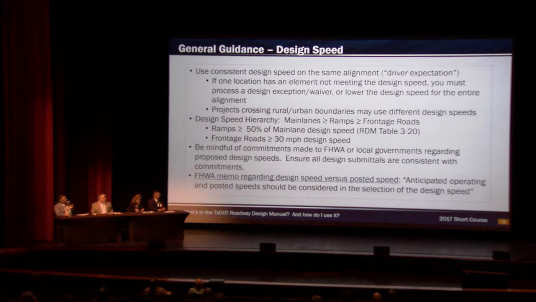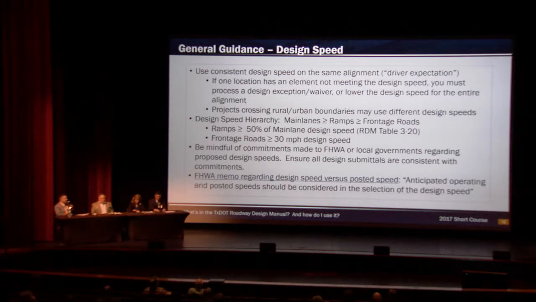Design speed considerations, again, just observations that we've seen. This first one comes mostly from schematics, where you'll call out a design speed, say, for example, 70 miles an hour, but you've got a spot in there, a vertical curve, let's say, that only meets 50, but provides no design exception or any other documentation about why that is.